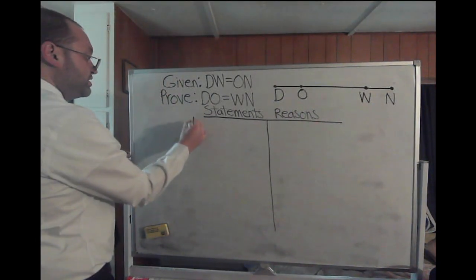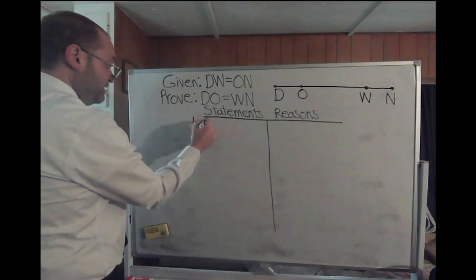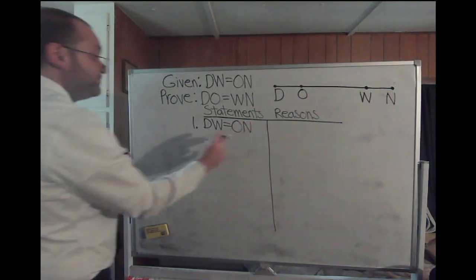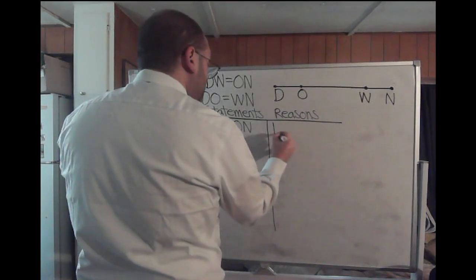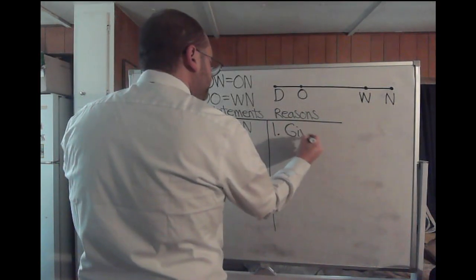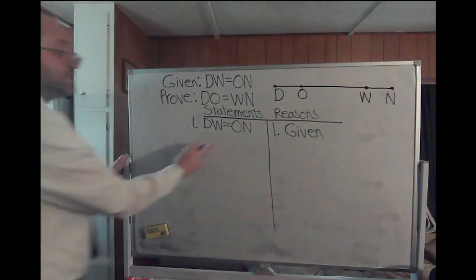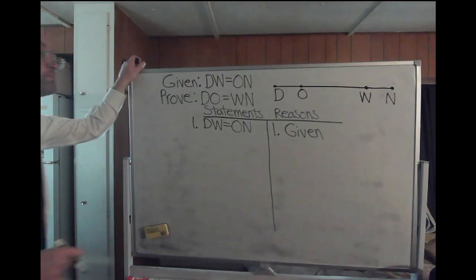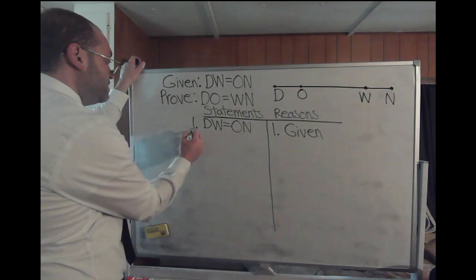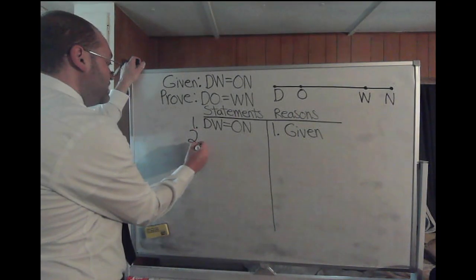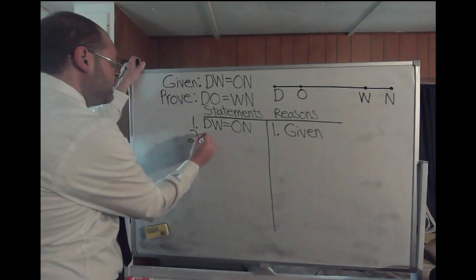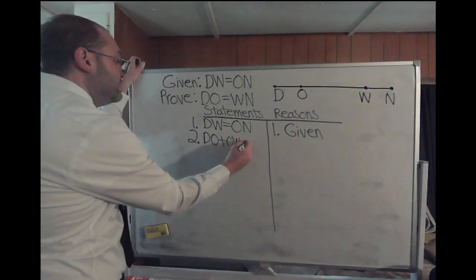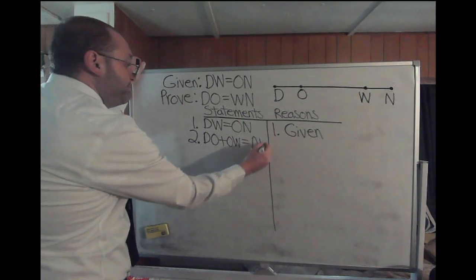Okay, so let's start with our first statement. In this case, let's do the given information. We have DW equals ON. DW equals ON. Reason 1 that was given to us. So that's the first reason. DW equals ON is given. Now, let's see. Step 2, I'm going to do this. I would say DO plus OW equals DW.